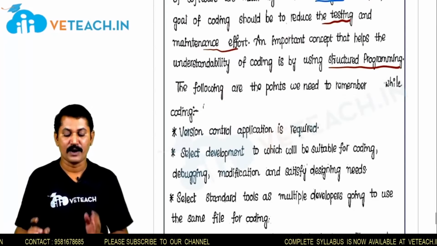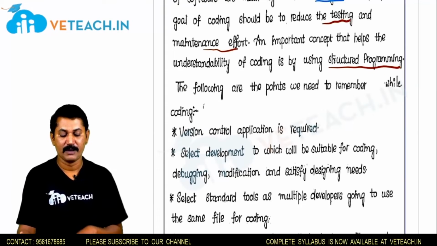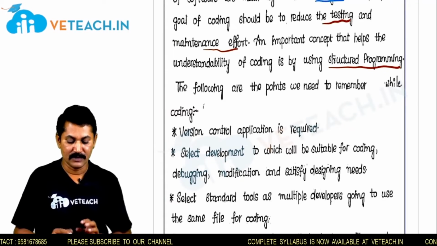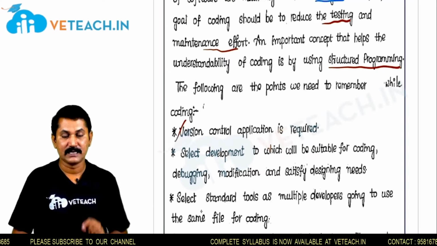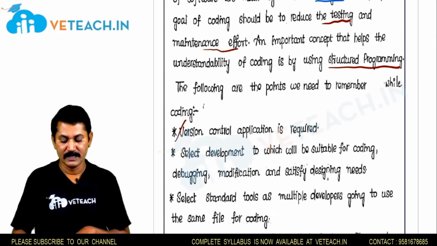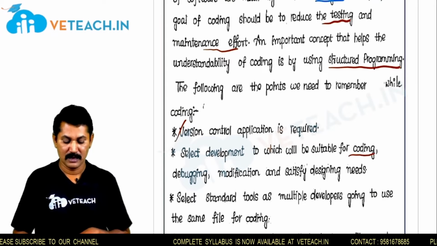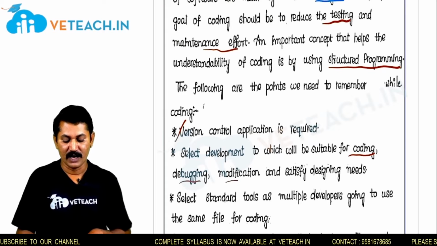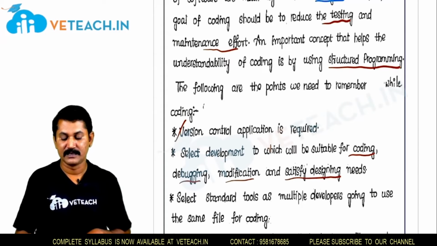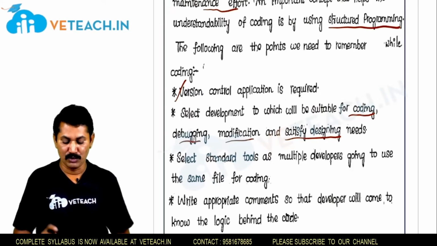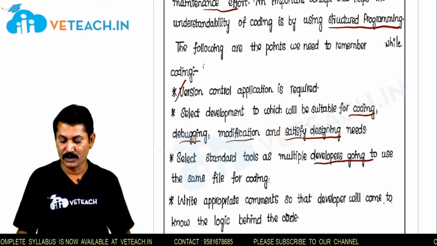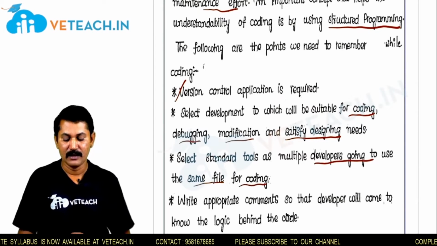The following are the points we need to remember while coding. A version control application is required. Next, select the development tool which will be suitable for coding, debugging, modification and satisfying the design needs. Next, select the standard tool, as multiple developers are going to use the same file for coding.